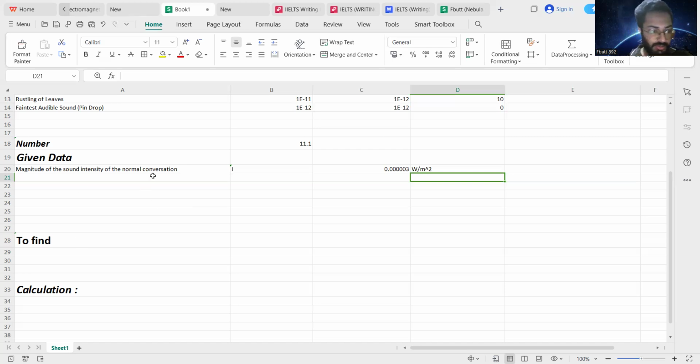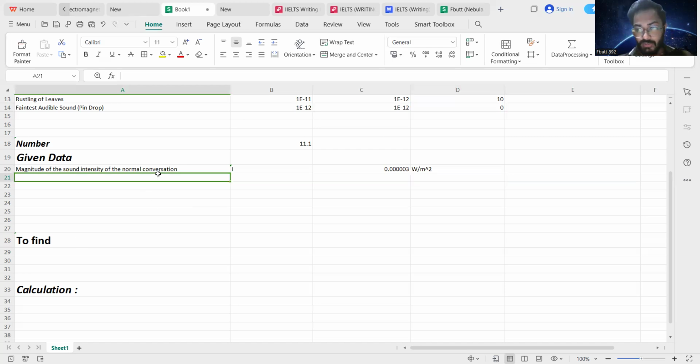You know the magnitude of the sound intensity of the faintest audible sound is 10 raised to the power minus 12 watt per meter square, which we have taken as the reference intensity. So don't forget it.